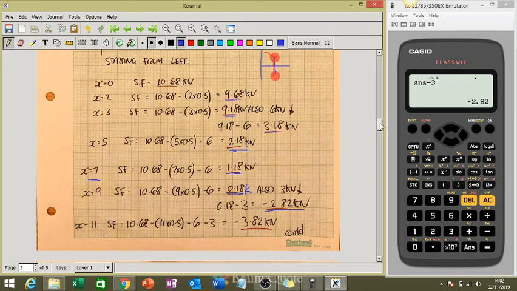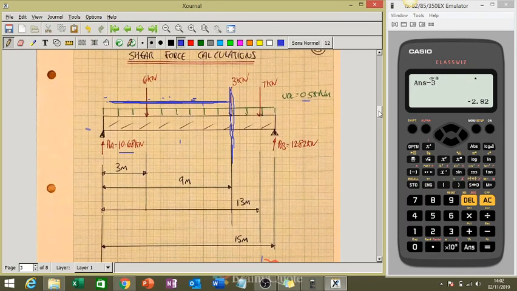I've now gone to x equals 11, so at x equals 11, I'm here somewhere. I can see this coming up, this coming down, this coming down, and I've got all of this 11 meters worth of my UDL.